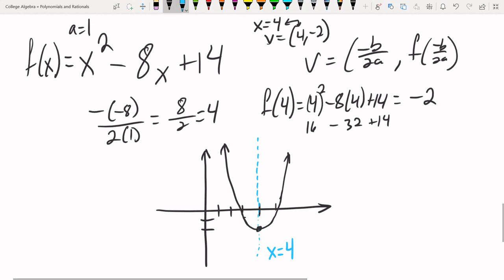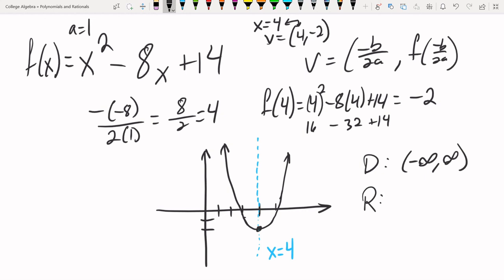So the domain of all quadratics is always going to be negative infinity to infinity. That's because it's a polynomial, and polynomials always have everything in the domain. The range of all quadratics depends on the vertex, and whether it's opened up or opened down. In this case, we have an opened up quadratic, and the vertex is at 4, -2, which means that the vertex is a minimum.